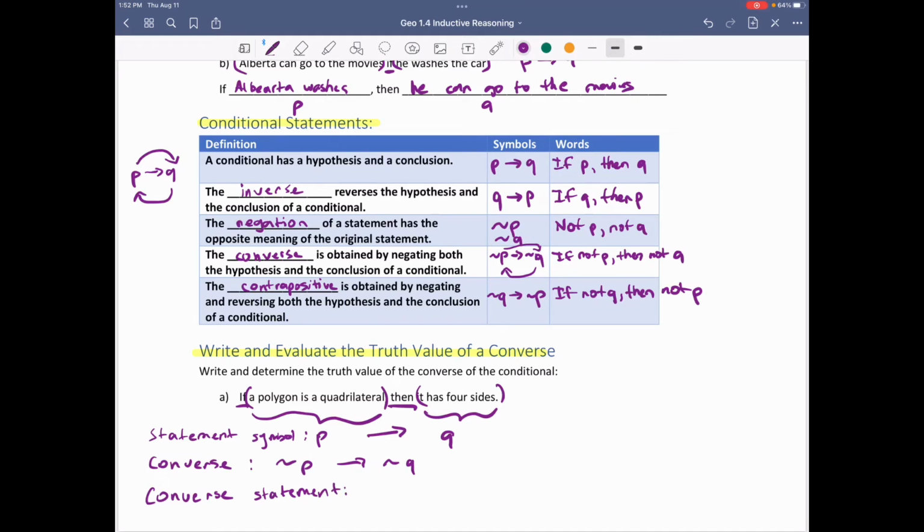And that basically states that if a polygon is not a quadrilateral, then it does not have four sides.